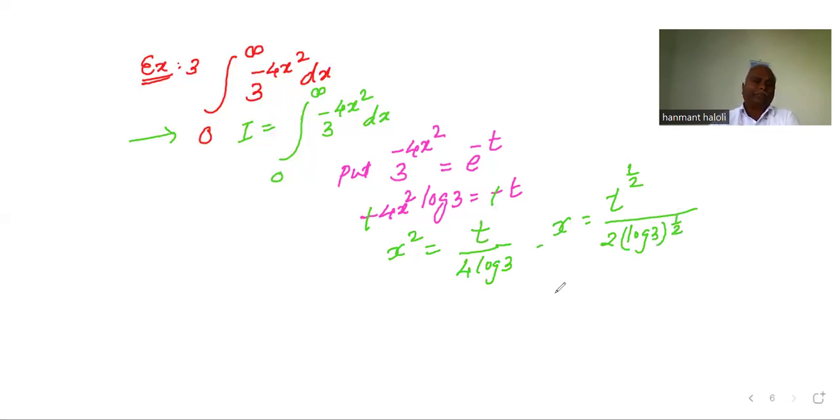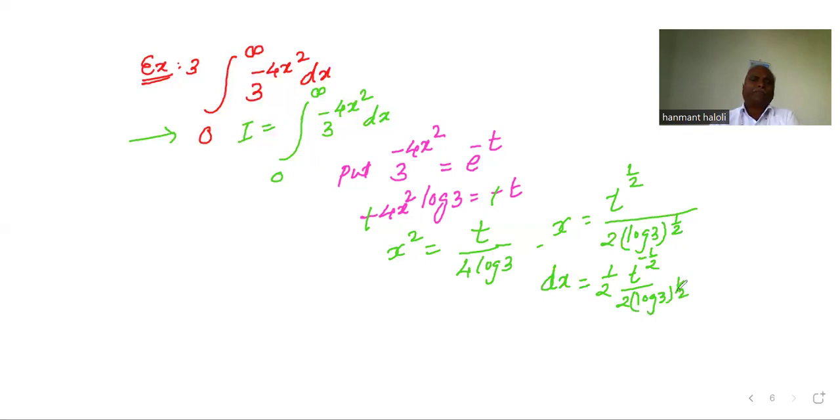Now you can differentiate it: dx equals 1 by 2 t raised to 1 by 2 minus 1, meaning minus 1 by 2. The remaining constants stay as they are: 2 and log 3 raised to 1 by 2.